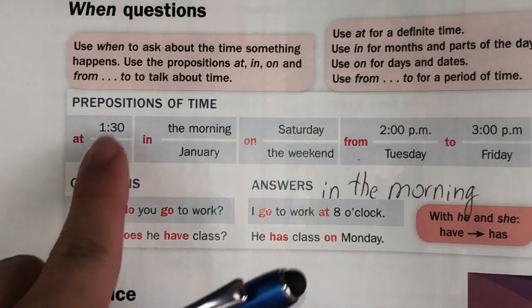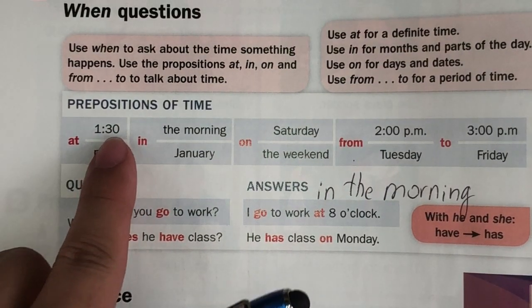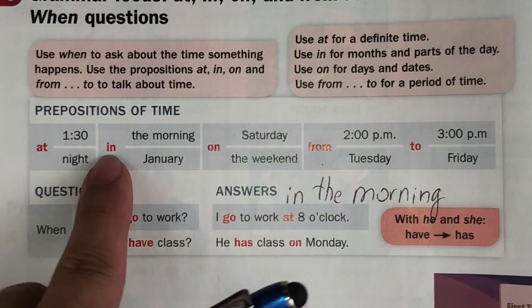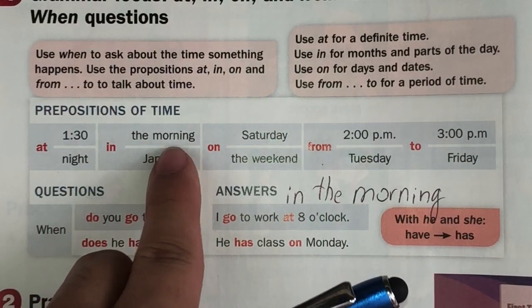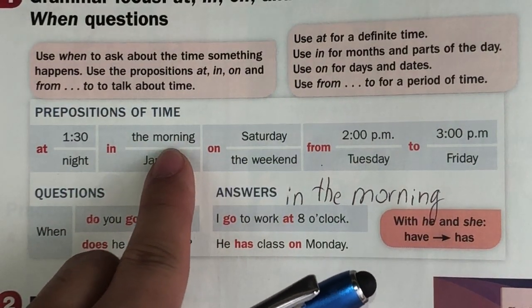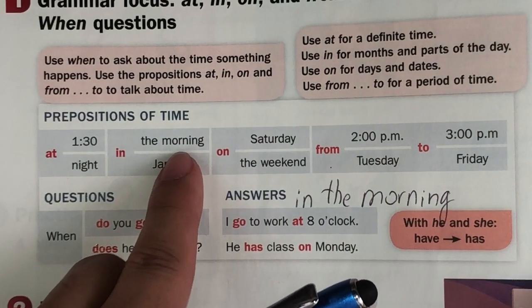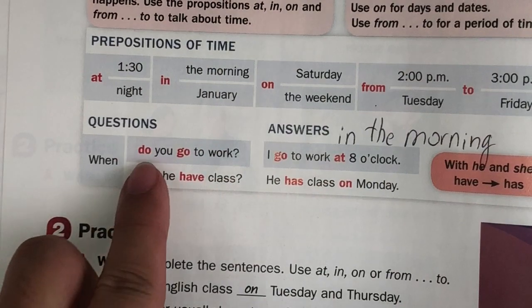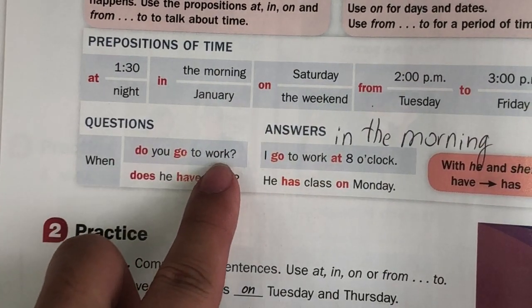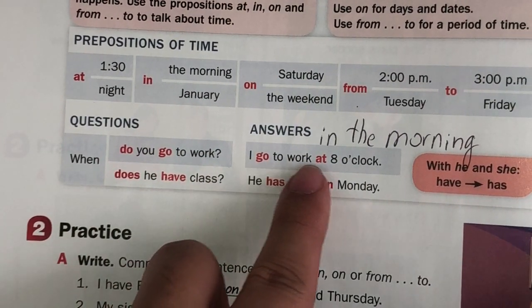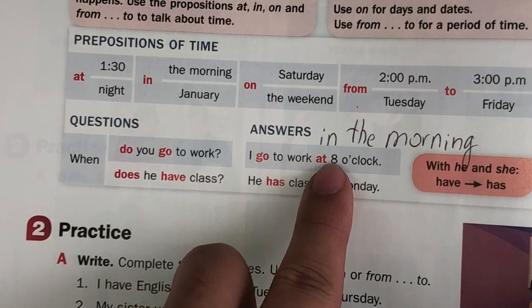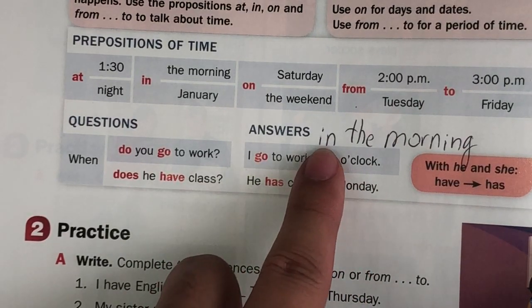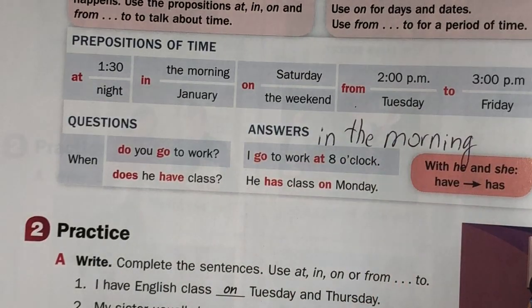Remember, at is for a time or the word night. For in, we say for a part of the day. So in the morning, in the afternoon, in the evening, or in a month. So here, when do you go to work? I go to work at 8 o'clock. I go to work in the morning.